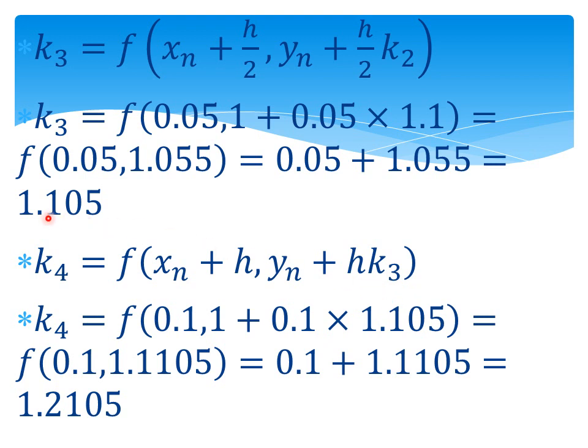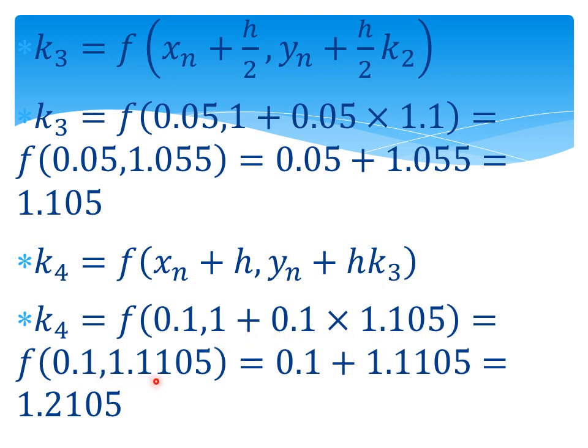You can see the k3 value we have found is 1.105. Then we put the value of k3, 1.105, and simplify these values. You write 0.1 the same. A comma is given, so you write a comma. After this we simplify 0.1 multiplied by 1.105 plus 1.